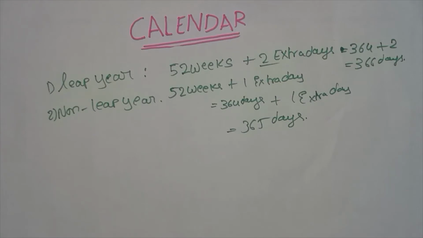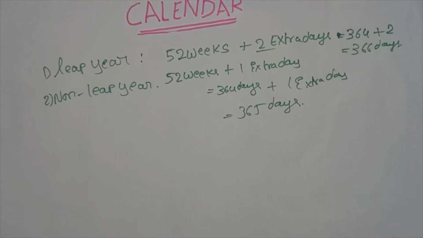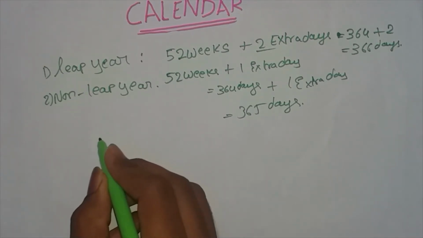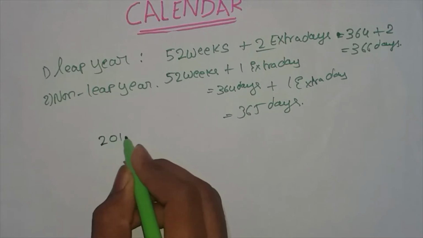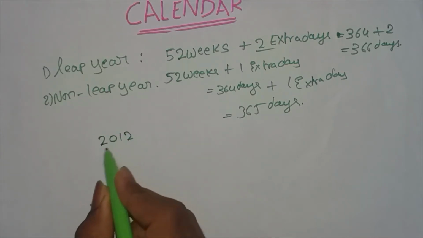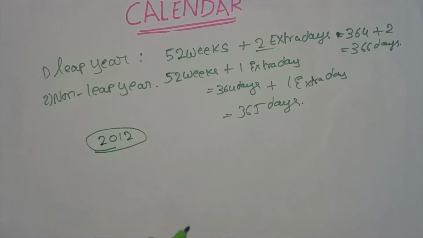By seeing the given year only, we have to find whether it is a leap year or a non-leap year. Suppose the given year is 2012. Is this a leap year or a non-leap year? We can easily find it by using the divisibility rule of 4.